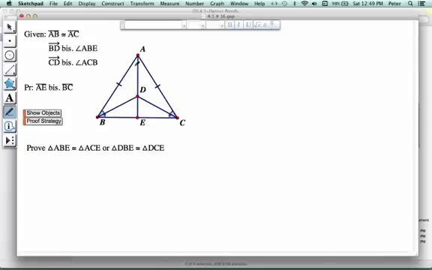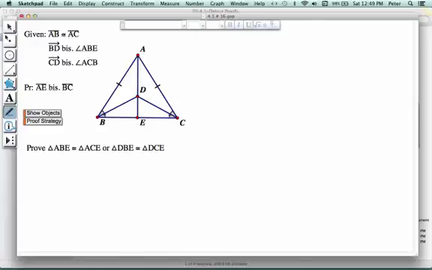Is there any way then to get the angle up here, angle BAD, congruent to angle CAD? Well, all the given information points us down to the base angles. So let's try and prove triangle ABD congruent to triangle ACD and pick up some corresponding parts.